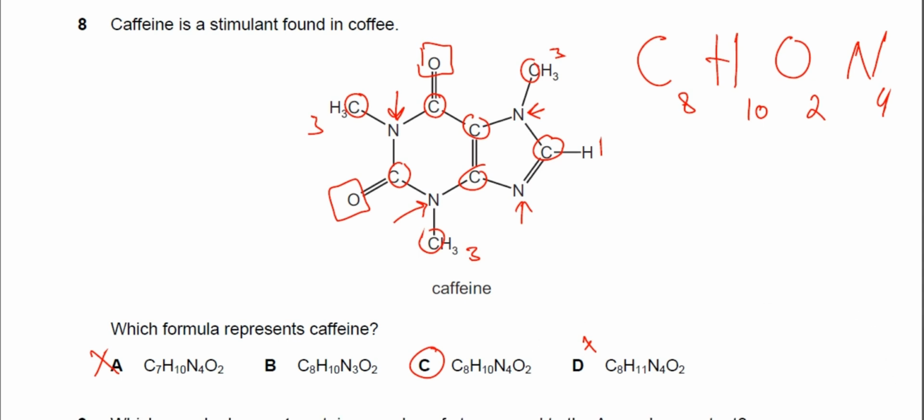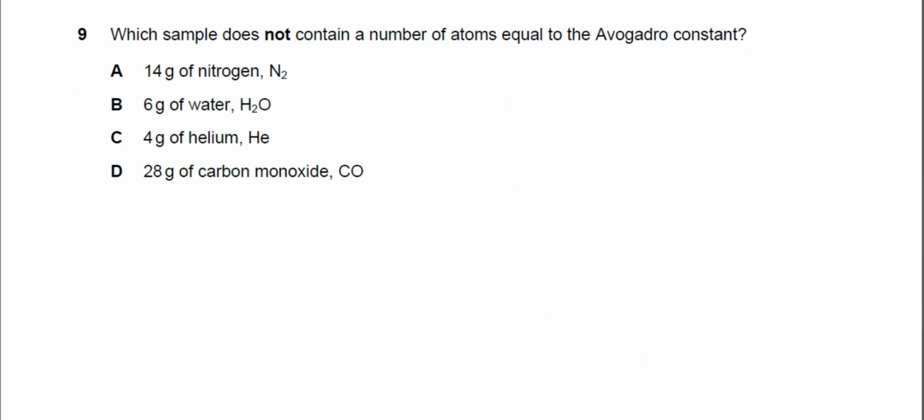Question number 9. Which sample does not contain a number of atoms equal to Avogadro's constant? Remember that. What is Avogadro's constant? Avogadro's constant is 6.02 times 10 raised to the power 23.